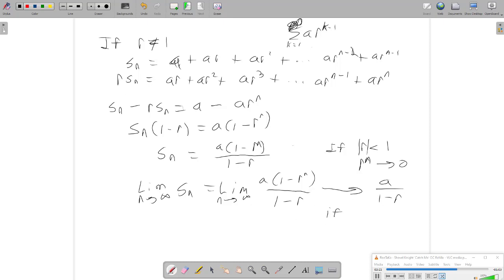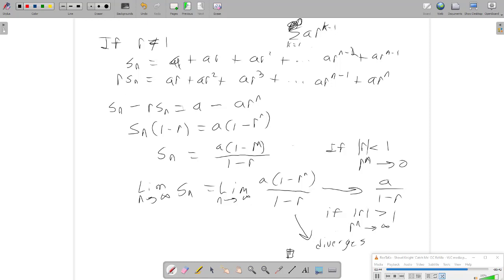If the absolute value of r is greater than 1, then r to the n will go to infinity, and this diverges. And that's the proof.